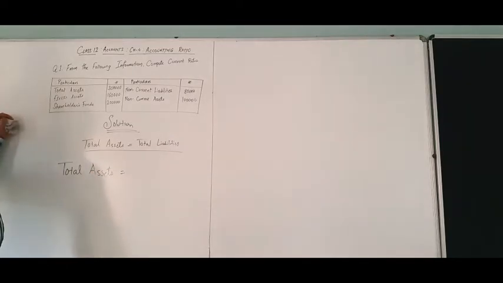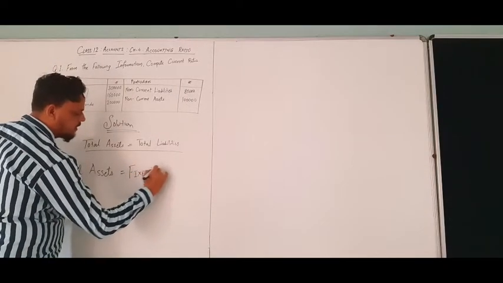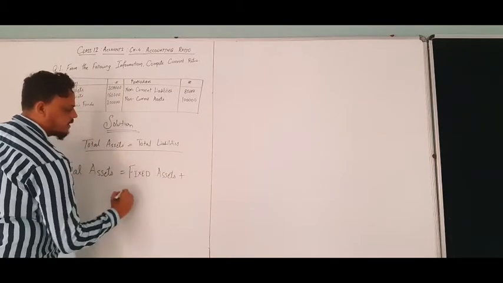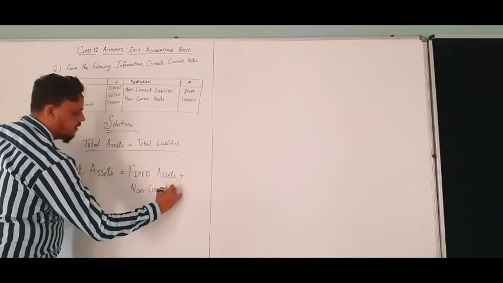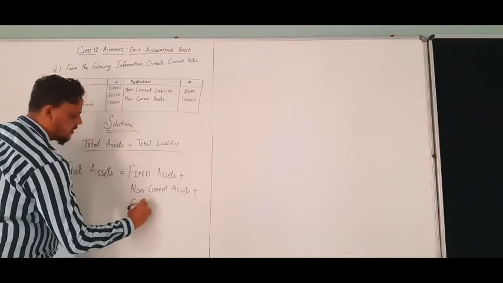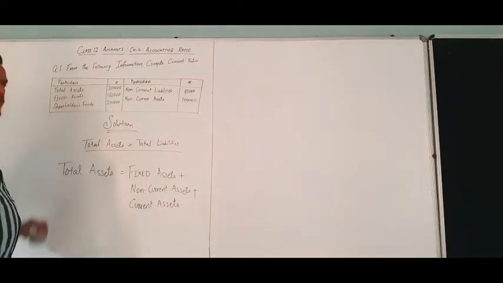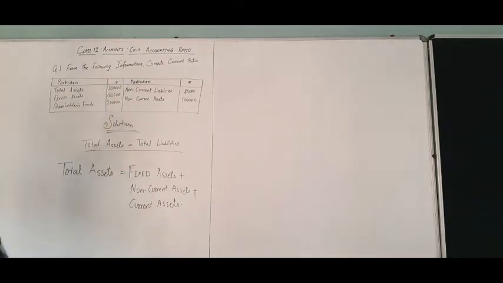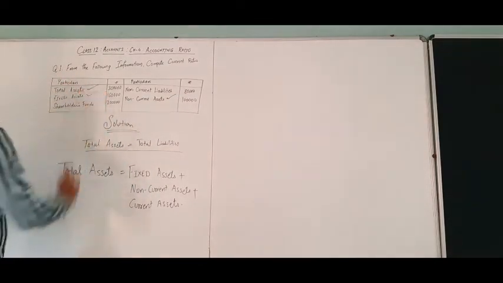According to the total assets formula, it is fixed assets plus non-current assets plus current assets. This is for calculating current assets, because we don't have current assets, but we do have non-current assets, total assets and fixed assets.